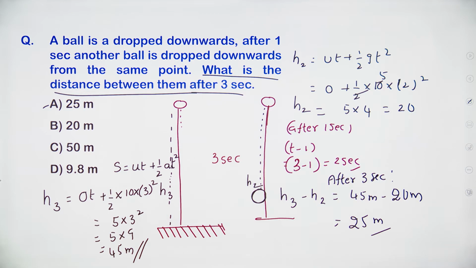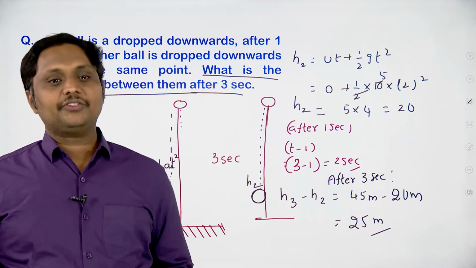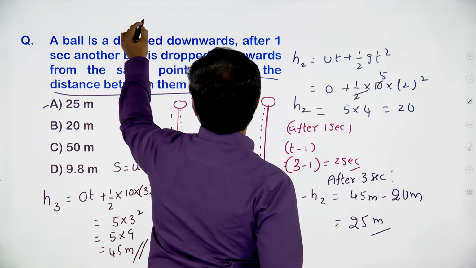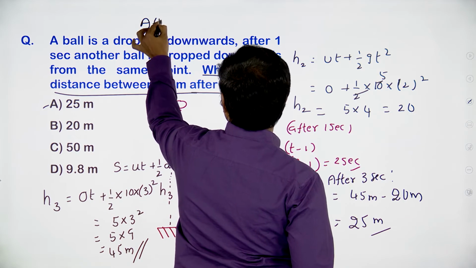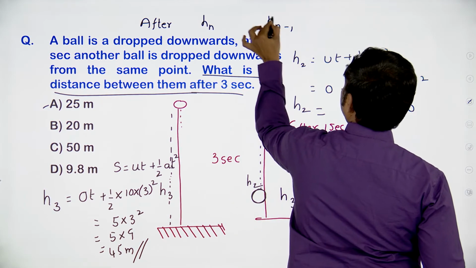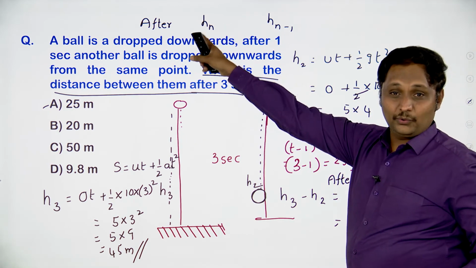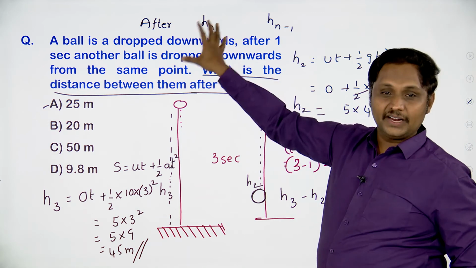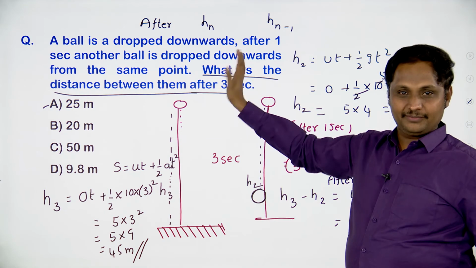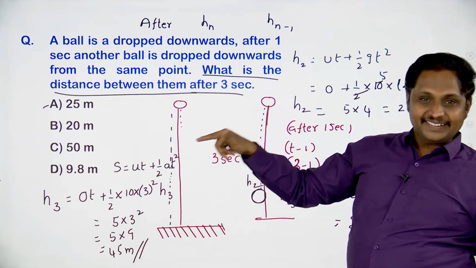Yes, you are all supposed to note down. Even after 5 seconds, after n seconds also, you can get that. After n seconds, that is going to be hn minus 1. Are you getting this point? You have to take hn, the vertical distance, that is height hn. So hn minus 1, you have to get that subtraction. So what's the distance between these two balls after n seconds?